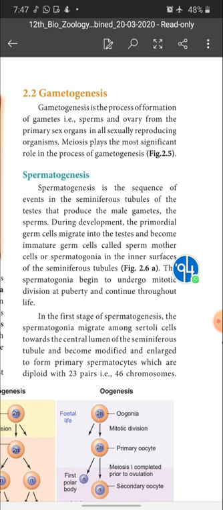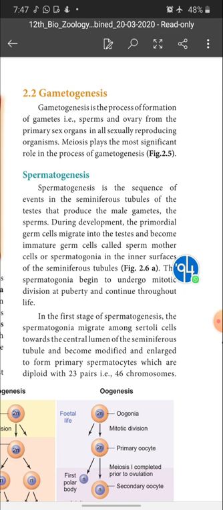And the next question: why should the gametes have only a haploid set of chromosomes? Only the sperm in male and the ovum in female, the sex cells, have haploid chromosomes. Other cells have diploid chromosomes only. So why is there a haploid number of chromosomes in sex cells?